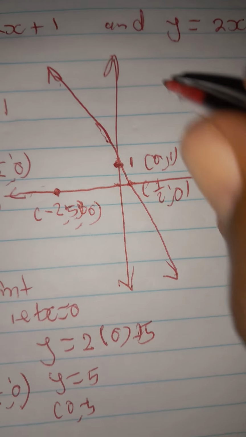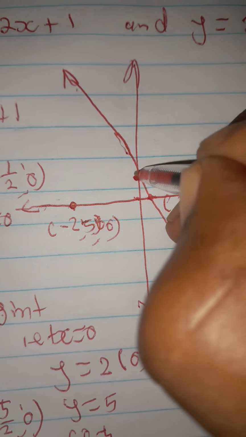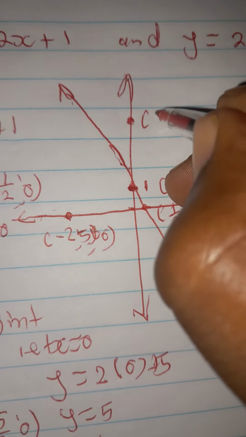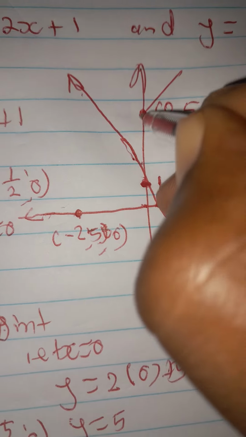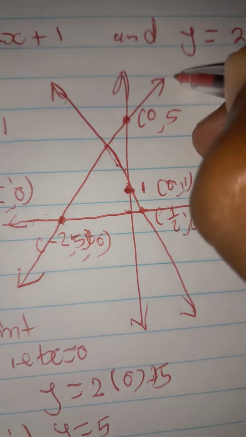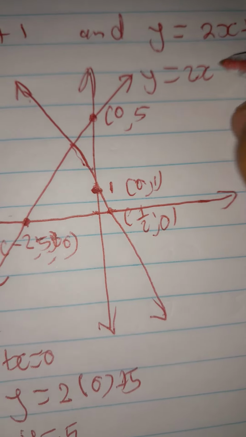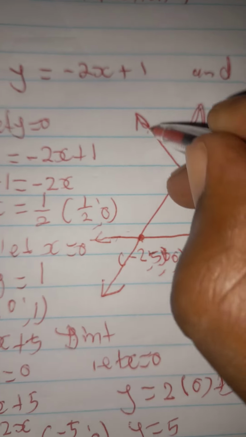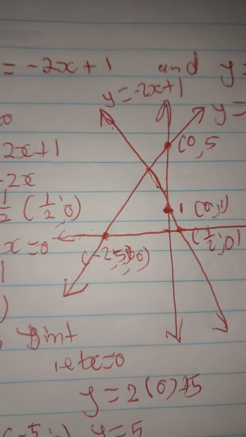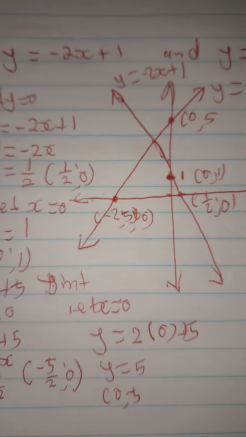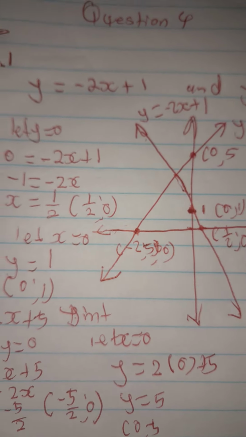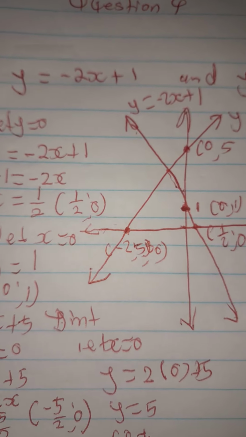So what about the y-intercept? The y-intercept is somewhere here. 1, 2, 3, 4, 5, it's somewhere here. Okay, so we have 0 and 5. So that will be the graph. The other graph of y is equals to 2x plus 5. For this one, it will be y is equals to negative 2x plus 1. Right? So that's how you can work out the graph part. That's 6 marks.